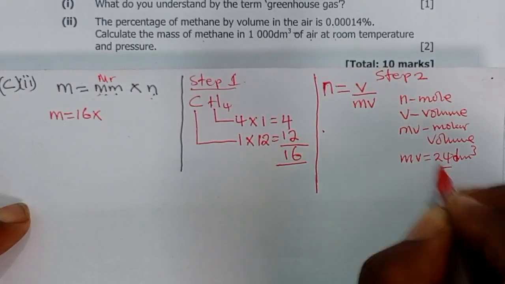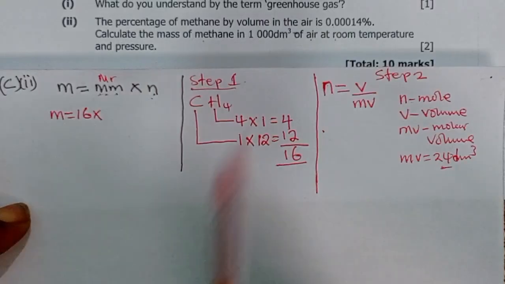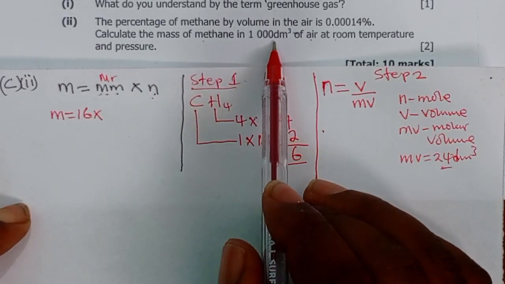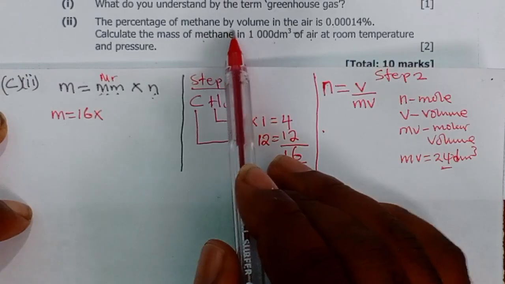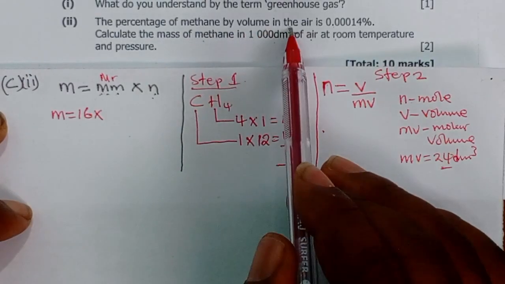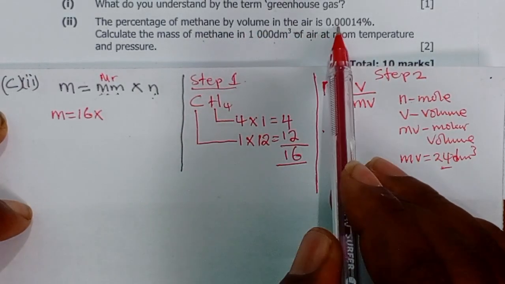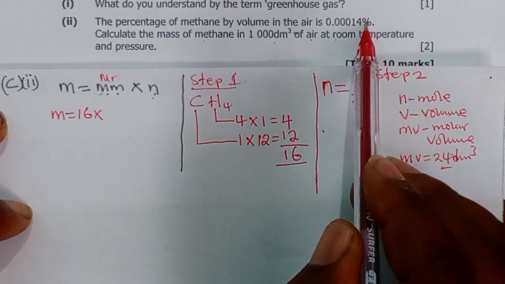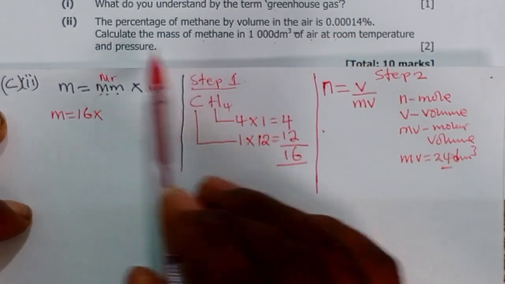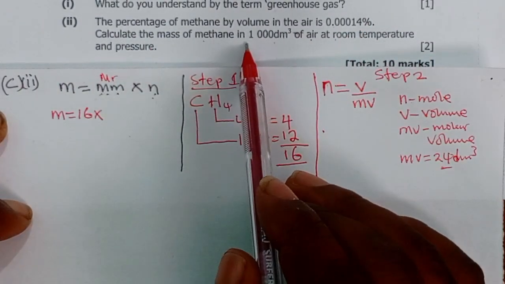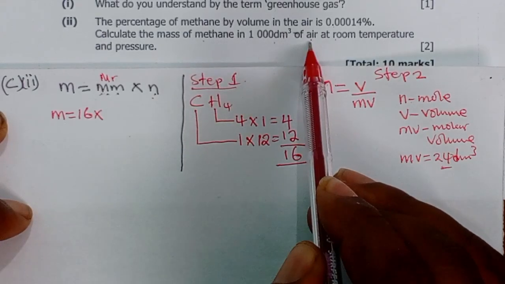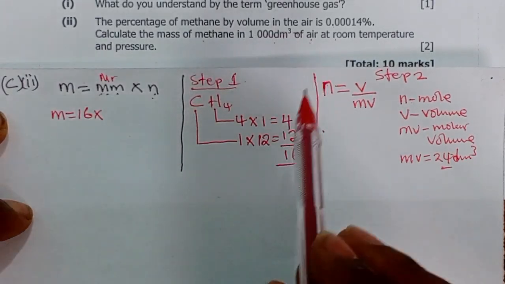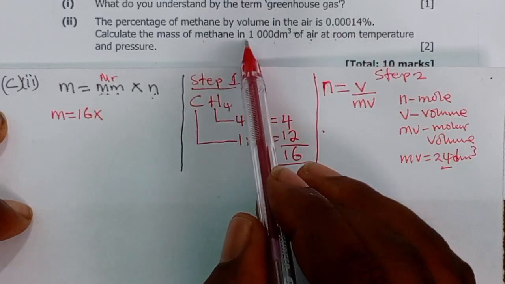Now, do we have volume? Remember that this is not the volume of methane. Remember that the percentage of methane by volume in the air is 0.00014%, and we calculate the mass of methane in 1000 decimeters cubed of air. So meaning we are going to calculate the volume of methane in this volume of air.